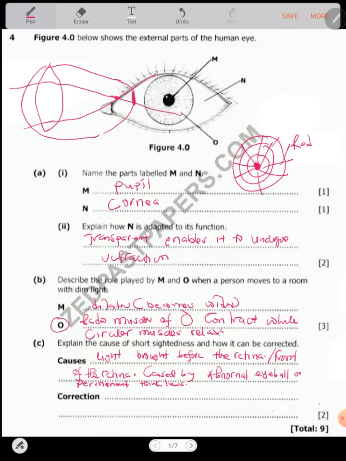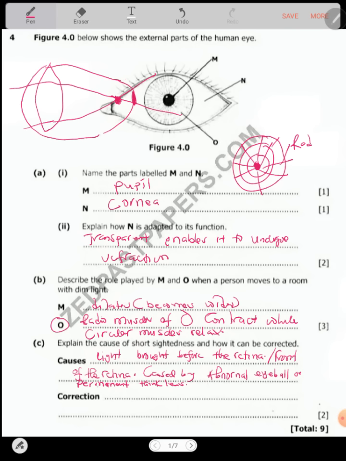This is what the retina is. Now light is brought in front. You can see that light is in front of the retina. Why? Because the lens is too thick or the eyeball is abnormal in size.